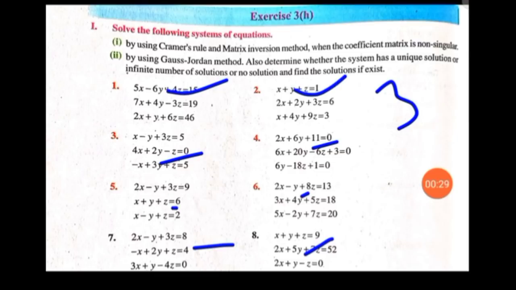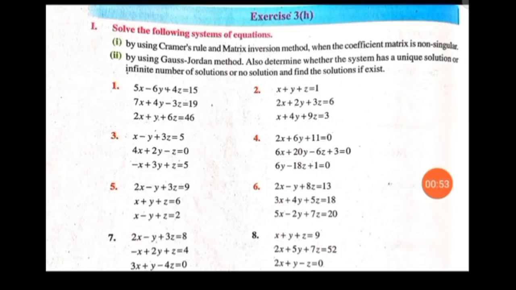I guess the second one is already done for all the methods, and in the Gauss-Jordan method I did problem number 5 also. So do the remaining 6 problems related to those 3 methods.